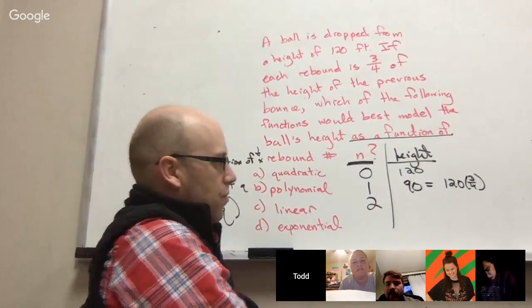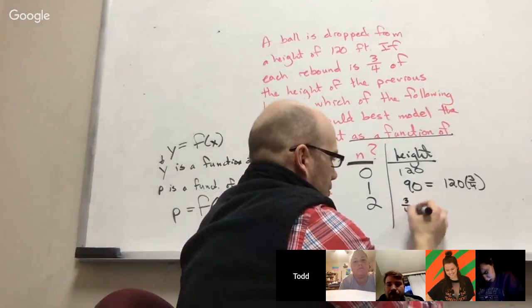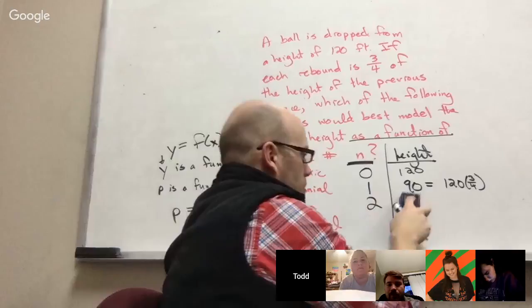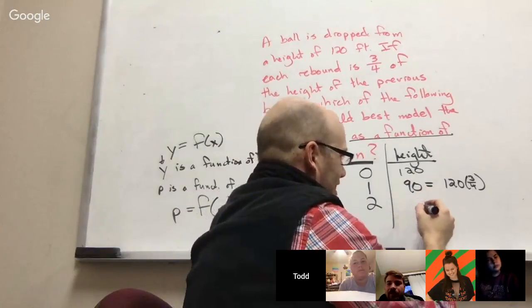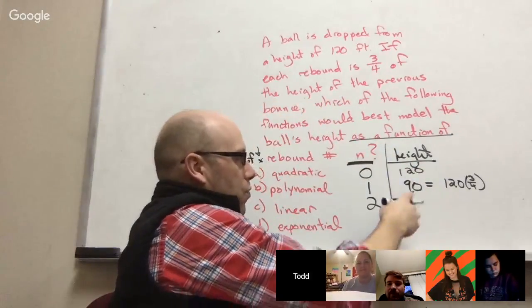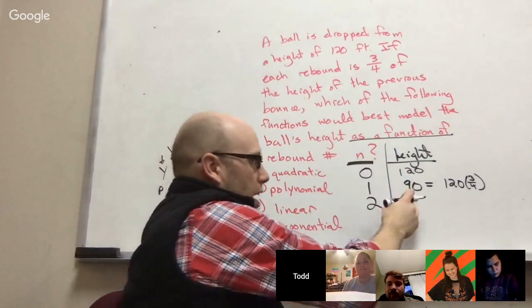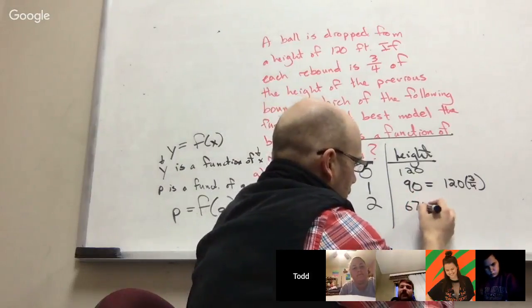Take 3/4 of 90. 90 times 3/4 is what? 60 something. Yeah, so 45, 22.5. So it's 67.5.